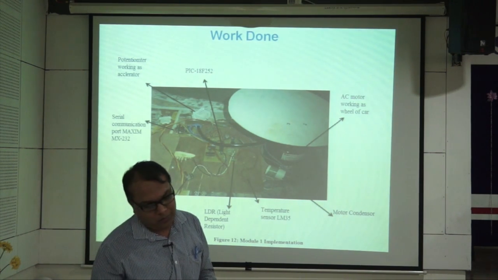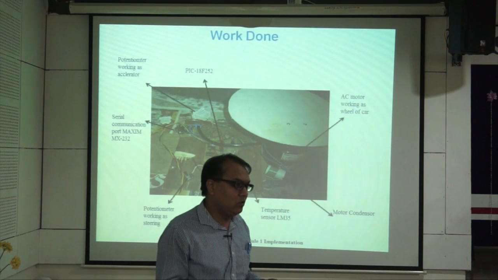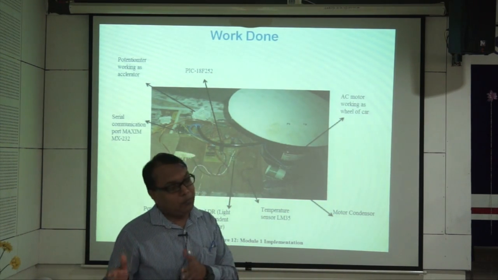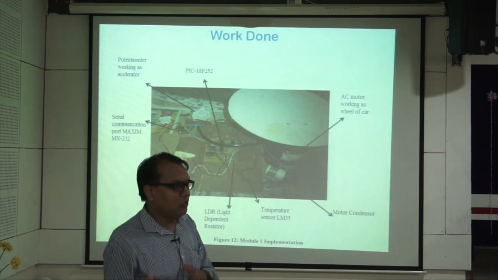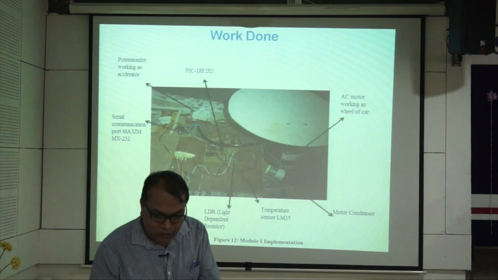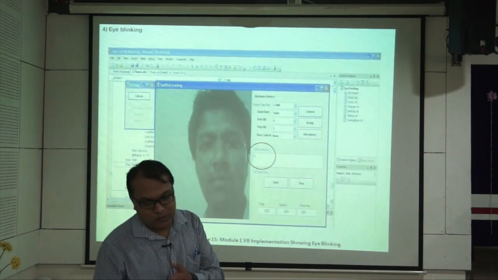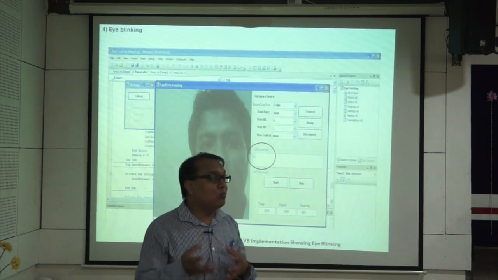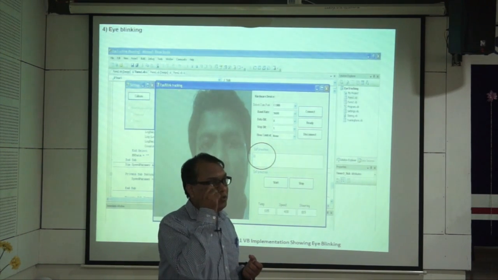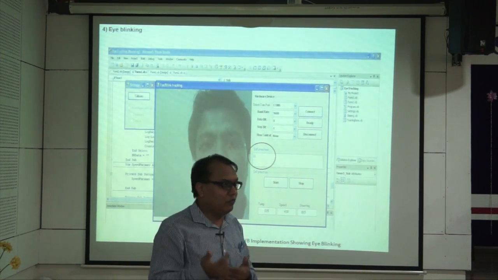After that, I am making use of a MAX232 and RS232 for serial communication, going to the PIC microcontroller. The PIC microcontroller is used in the initial stages, and all the data is stored. I have also interfaced this system with a Visual Basic face system, which is used to measure eye blinking movement, and whether the driver is in stress, whether he is moving his pupils n number of times or not.